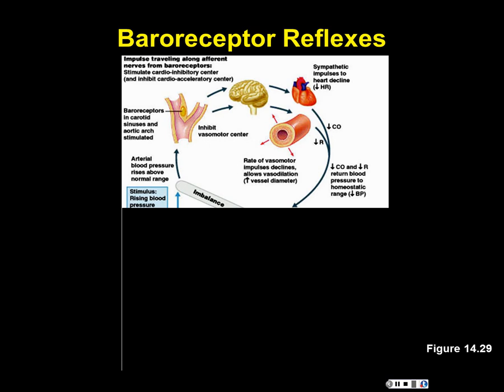So the sympathetic nervous system synapses not only at the nodes to control pace, but also at the ventricles, the contractile cells, to control contractility. So if we decrease sympathetic activity of the heart, two things happen. Heart rate goes down and contractility goes down.